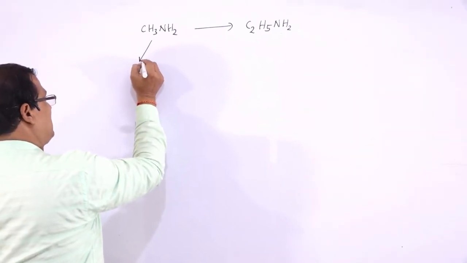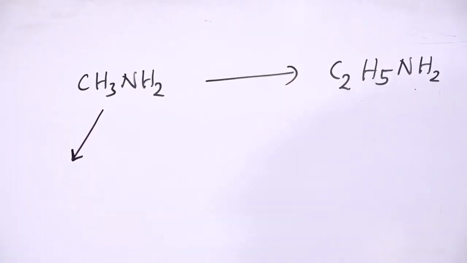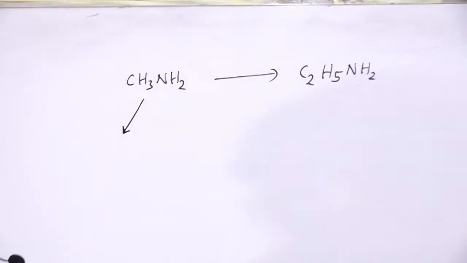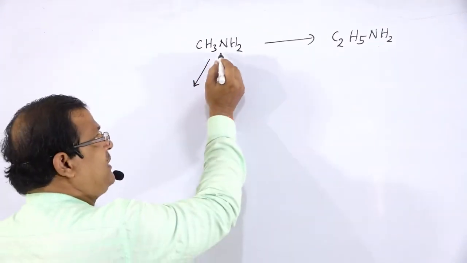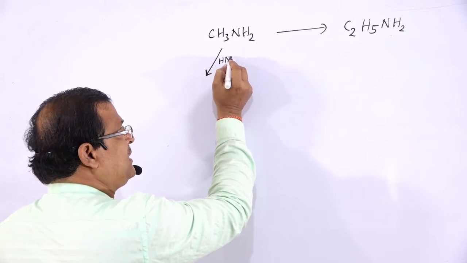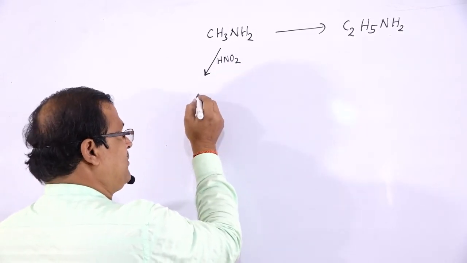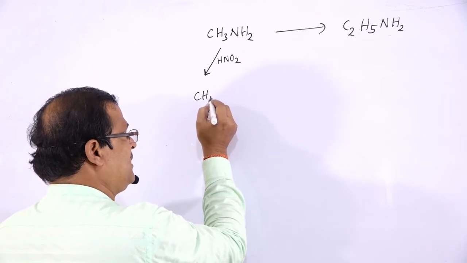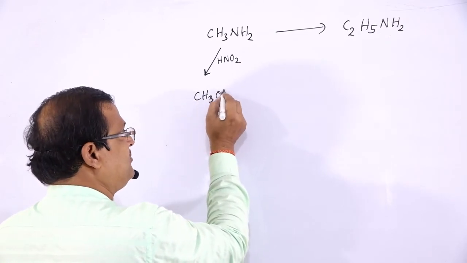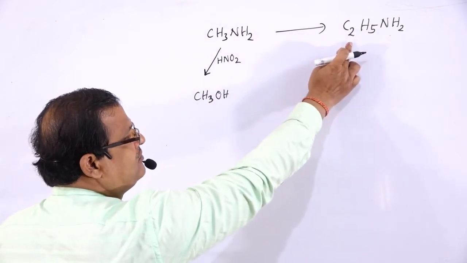Already we have discussed the preparation of alcohols from amines by treatment with nitrous acid. So methylamine is treated with nitrous acid, HNO2, and there is the formation of CH3OH.